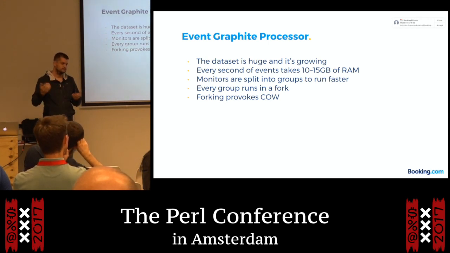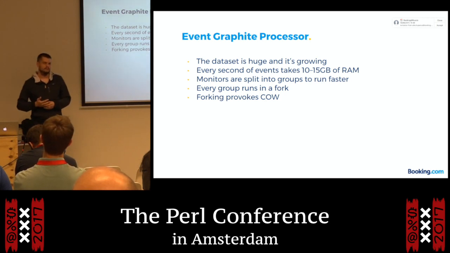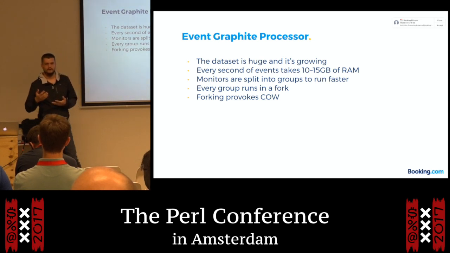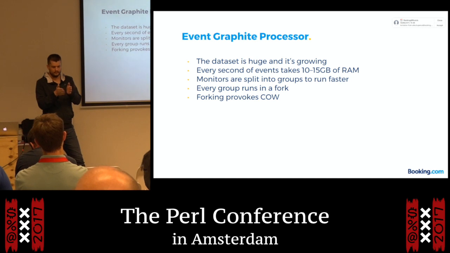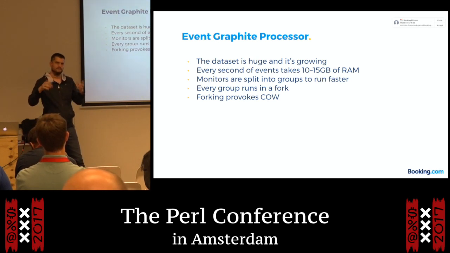Since we're talking about Perl, the multi-threading support isn't great, so we have to fork. But the problem with forking, when you work with this amount of data, is that there is always overhead, but also there is copy-on-write logic. What we used to do is fetch in the base process, deserialize in the base process, then fork.